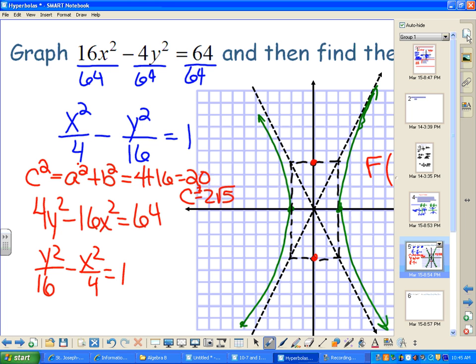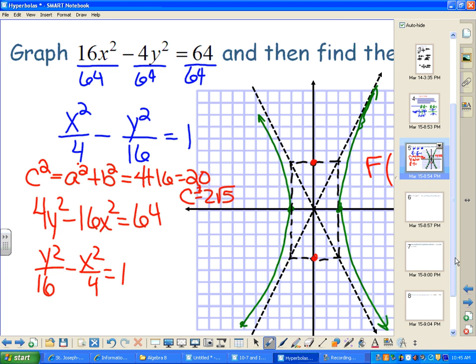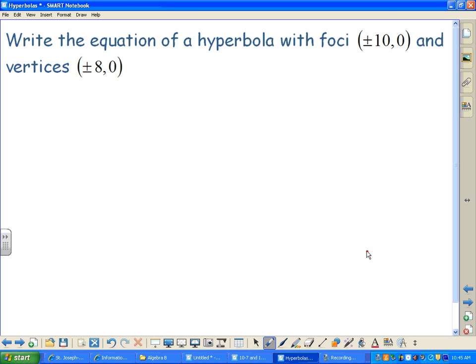Let's look at this one. It says, write the equation of a hyperbola with foci at plus and minus 10, 0, and vertices at plus and minus 8, 0. Now, I really think it's imperative to sketch a little picture when you go to do these. Okay?